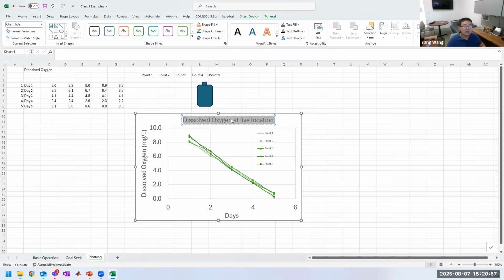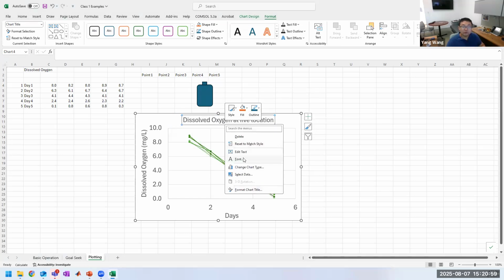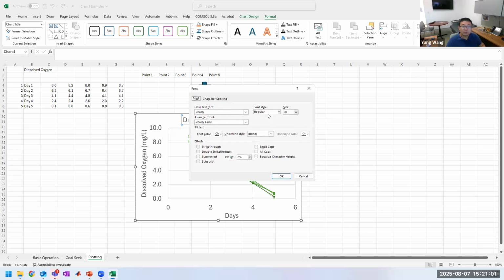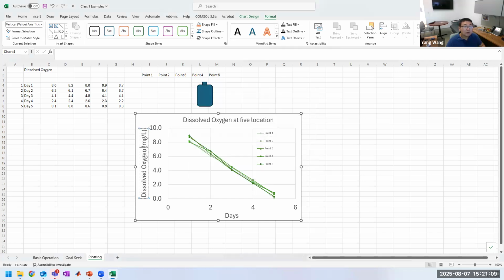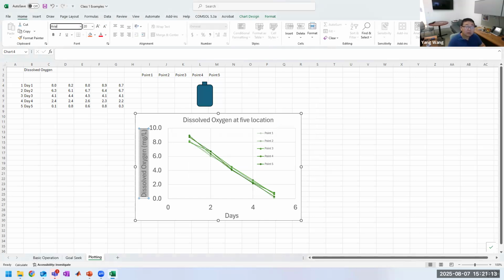At the same time, I think a lot of times we tend to use the Arial font when we make plots.